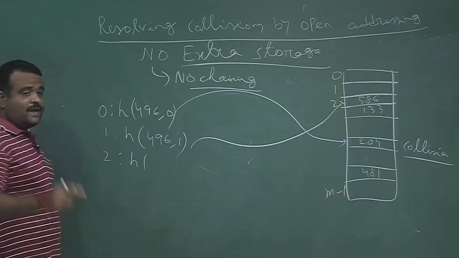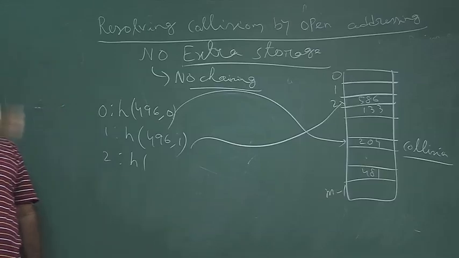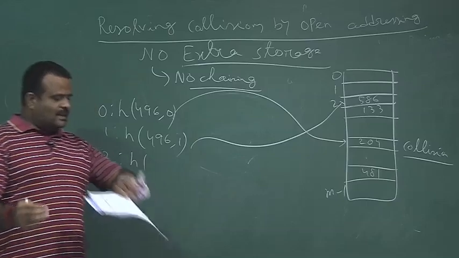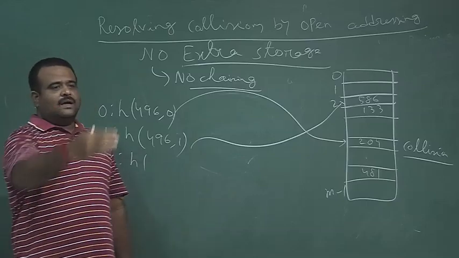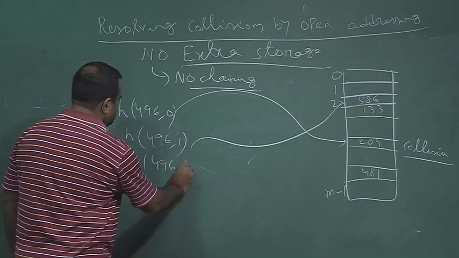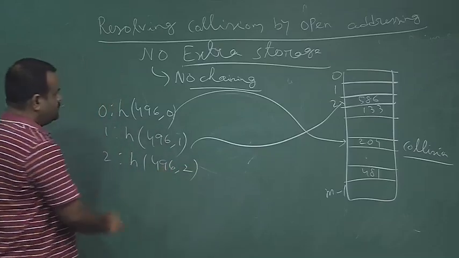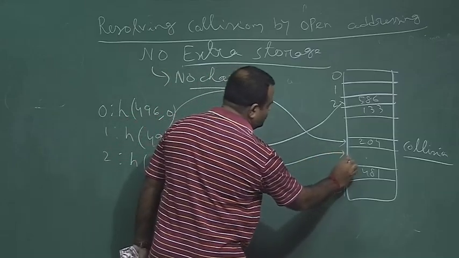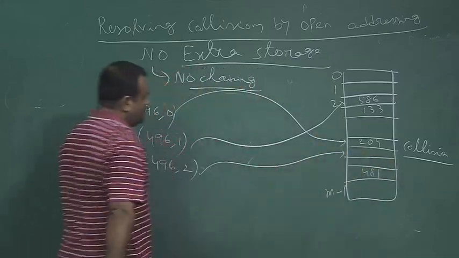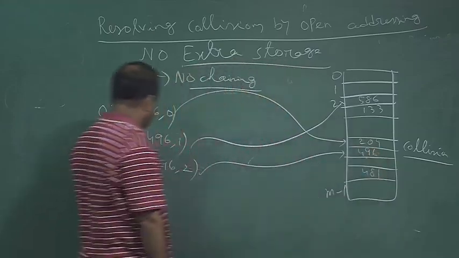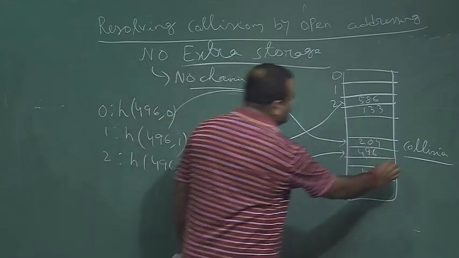So, we have a family of hash functions, and we keep on trying until we get a free space. So, this is the next probe. Suppose this is giving us some free slot and we put 496 here, and suppose this is the ith slot.